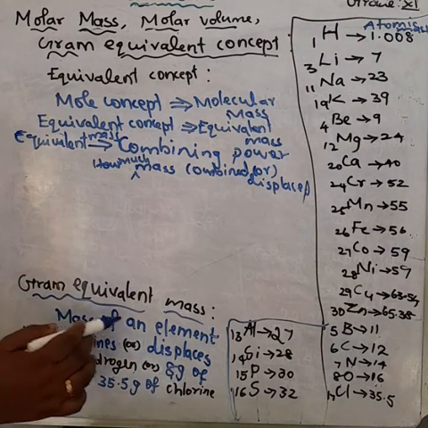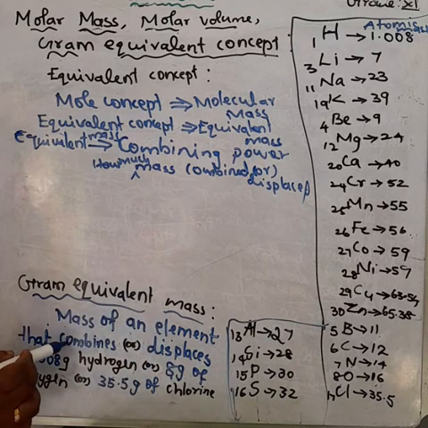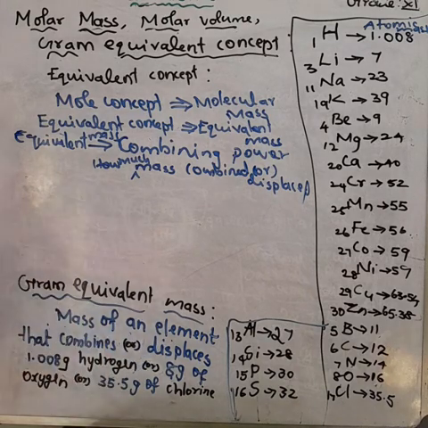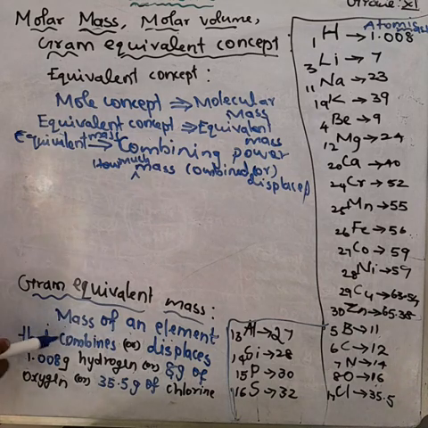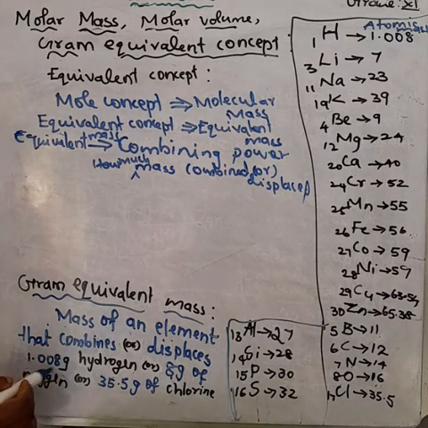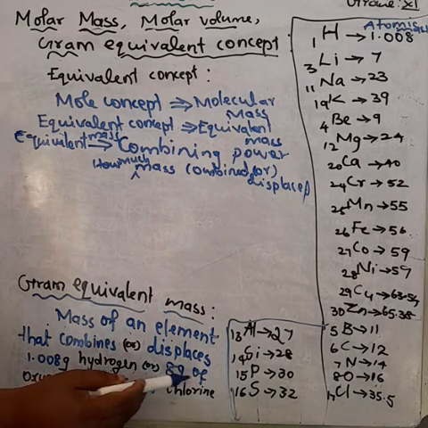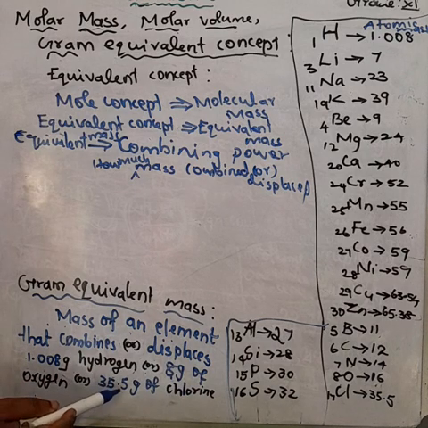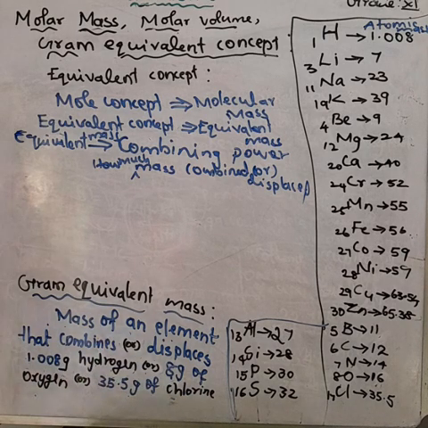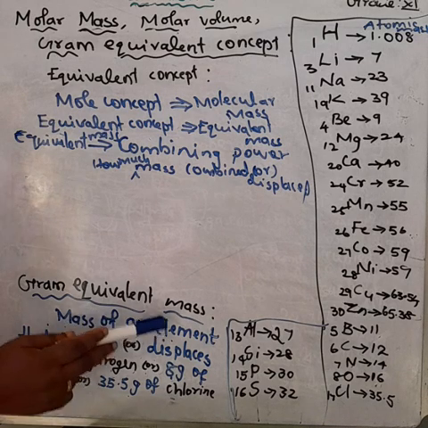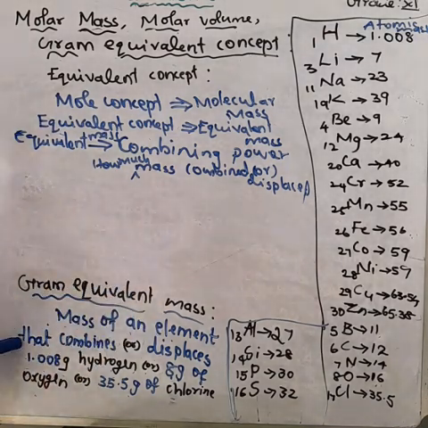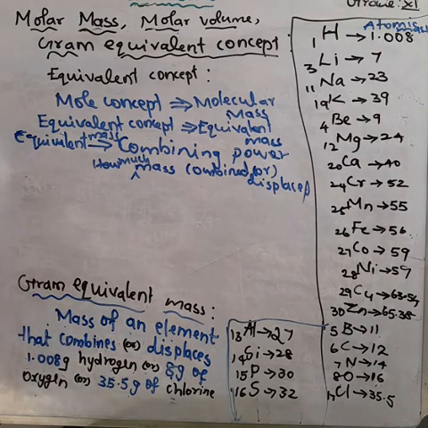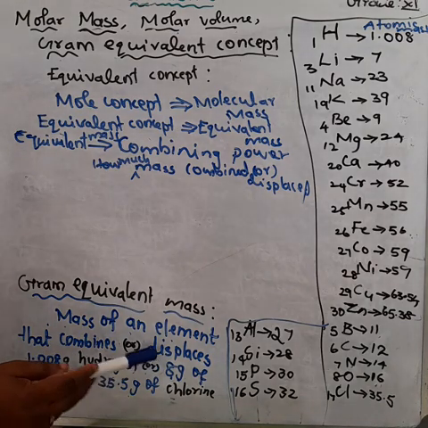The correct definition in your book for gram equivalent mass is: the mass of an element that combines with or displaces 1.008 gram hydrogen, or 8 gram oxygen, or 35.5 gram chlorine. Here, gram equivalent mass is defined as the weight of an element that combines with any other element or displaces it.